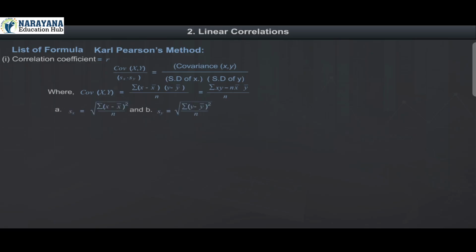A. Sx is equal to under root sigma x minus x bar whole square divided by n, and B. Sy is equal to under root sigma y minus y bar whole square divided by n.